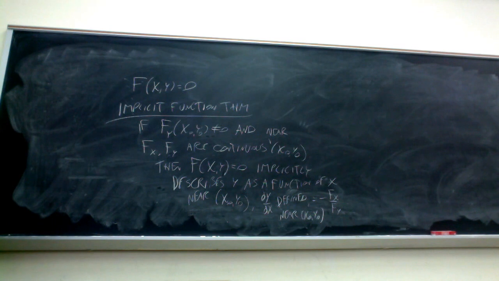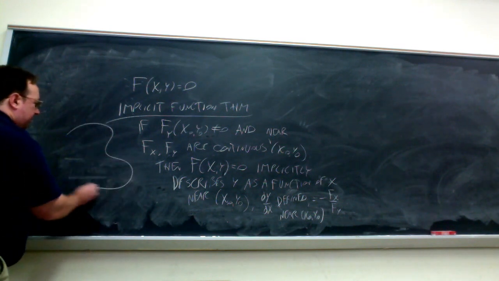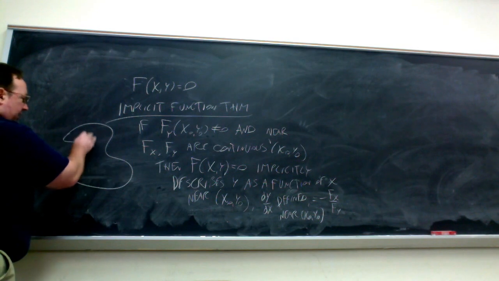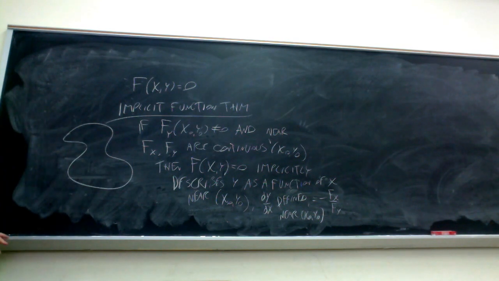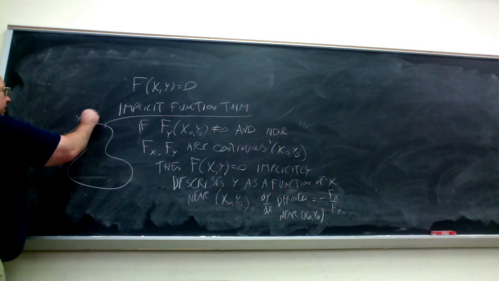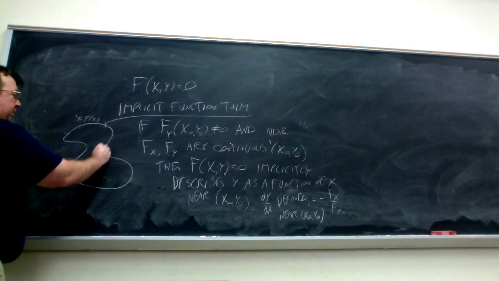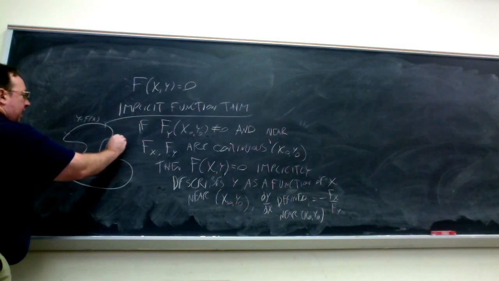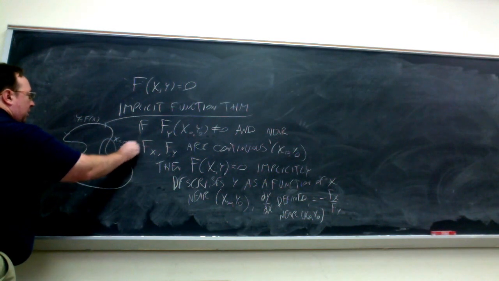So for curves that have funky behavior like this, a curve like this definitely does not pass the horizontal or vertical line test. Maybe you could go back and forth. Like maybe this piece right here, you could say y is a function of x, whereas for this piece right here, you can say x is a function of y.